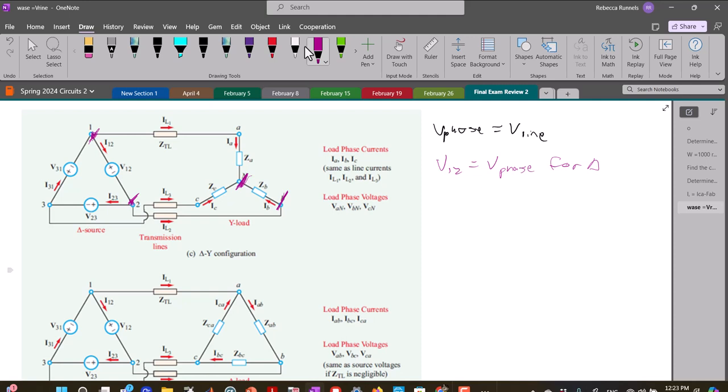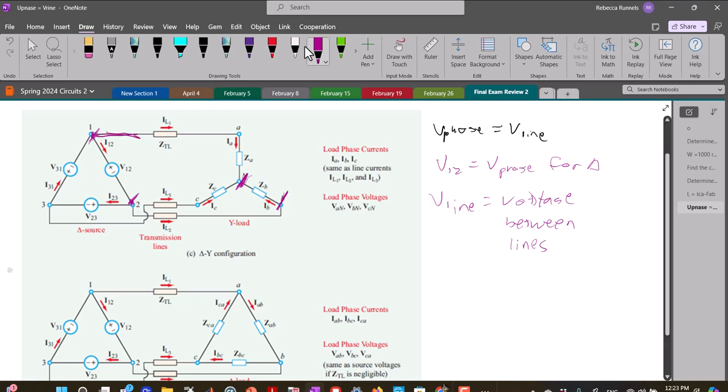But then V line is the voltage between lines. And so here is line 1, here is line 2. So the voltage between these lines is the same as the voltage between these points.